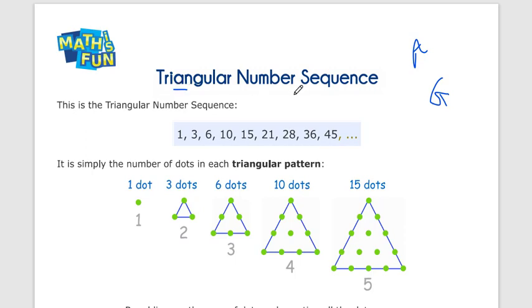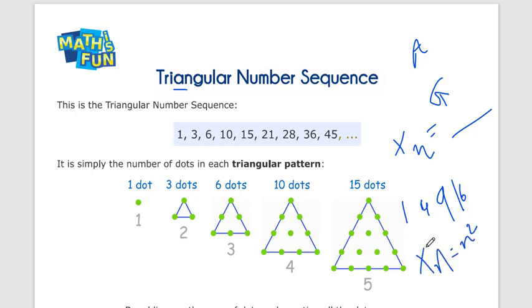After this topic we will discuss how to find a rule: for any given sequence, how to find xn. Like this sequence 1 4 9 16. What is the rule of this sequence? Xn is equal to n square, the square numbers. So this is the rule of this sequence.